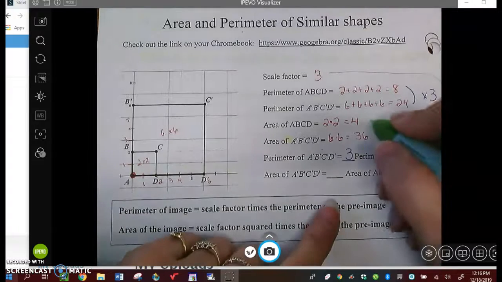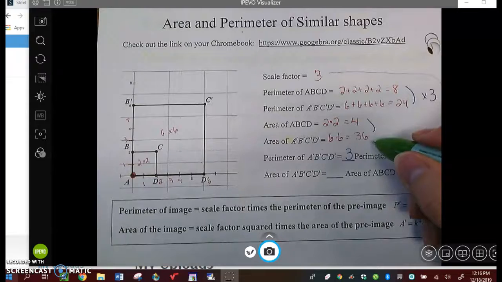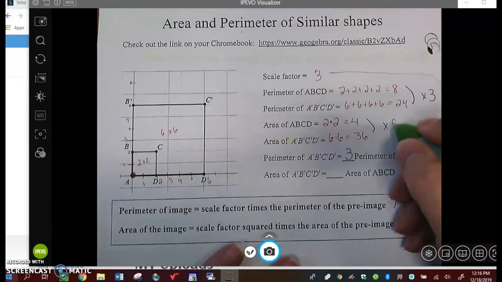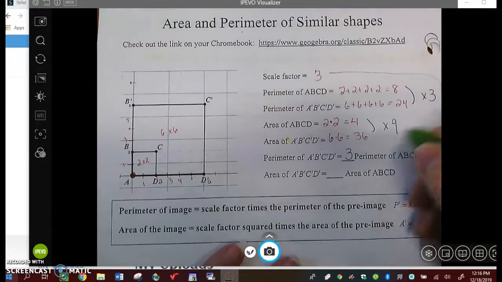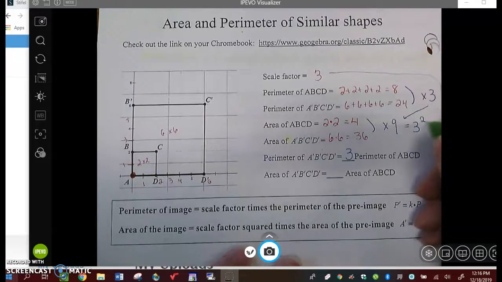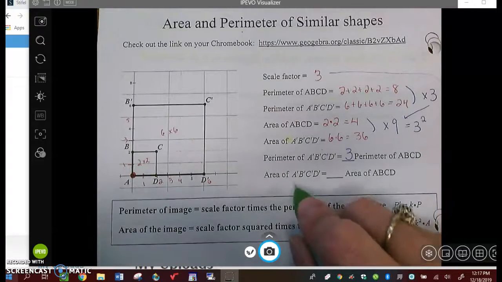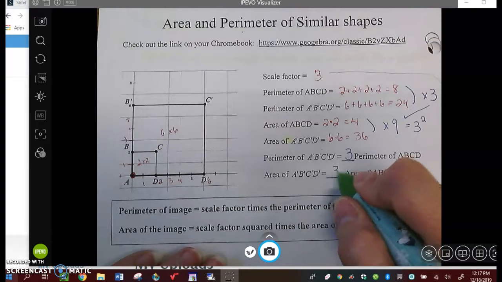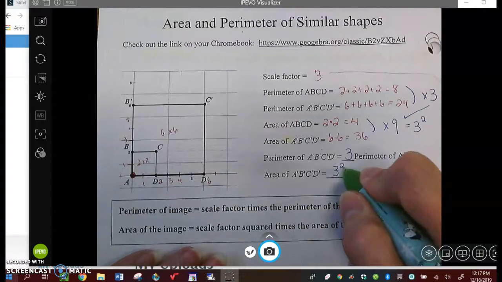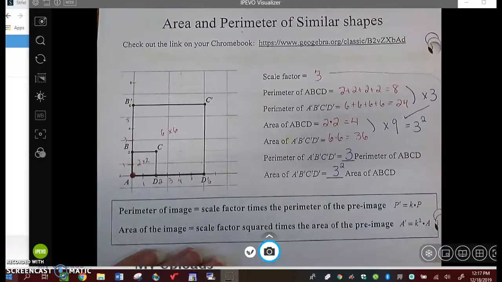Let's look at area. How do we go from 4 to 36? Well, we multiply by 9. And do you notice 9 is your scale factor squared? So the area of the image is really our scale factor squared times as big.